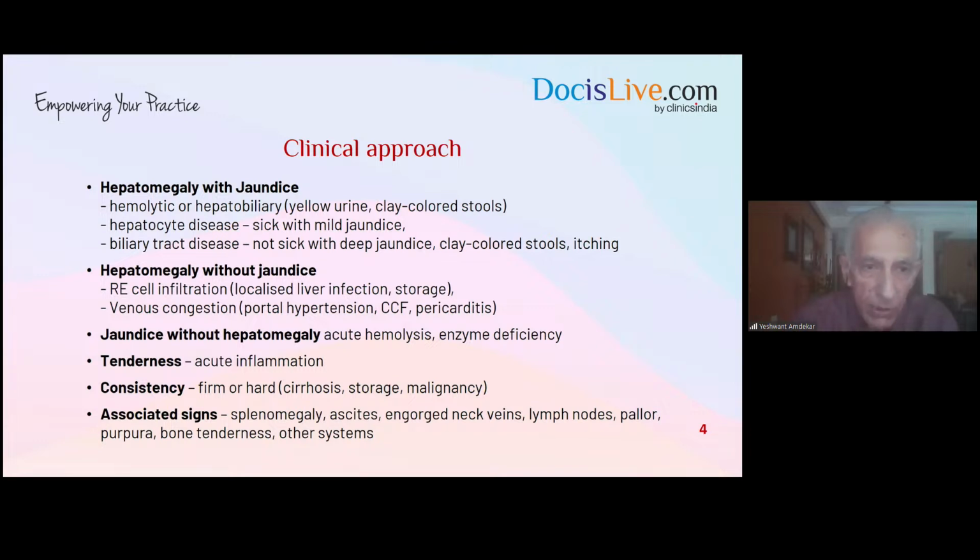Well, there are some other parts of the liver which do not cause jaundice but cause hepatomegaly. And that's largely concerned with hepatic infiltration of an RE cell. These are chronic infections that we talked about. They also are storage disorders or a very localized liver disease like a benign hydatid cyst or a hepatoblastoma.